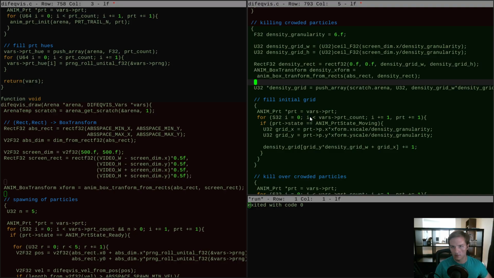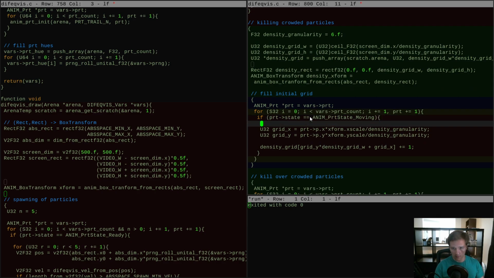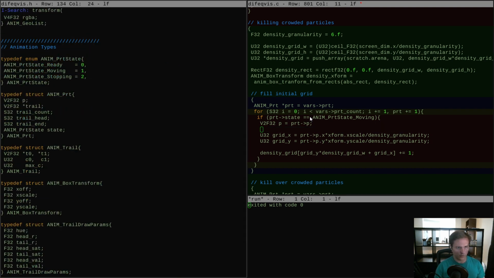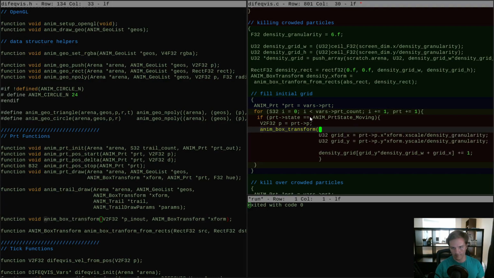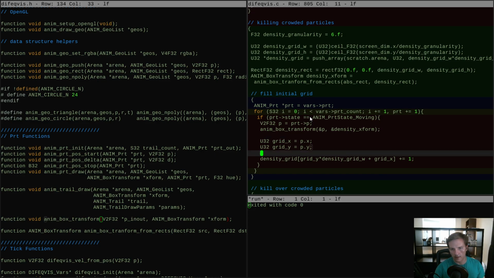Now when we grab this, we can just apply the transform like this, and the results include all the scaling and the offsetting automatically.